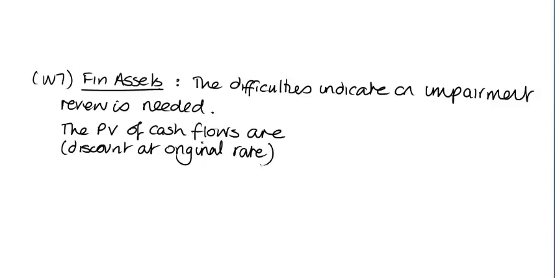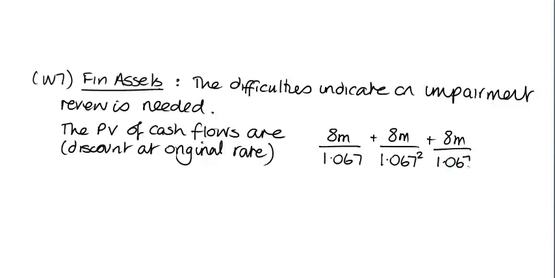Okay, so the present value of the cash flows, what are they going to be? We expect to receive 8 million in 1 year's time, and we're discounting at 6.7%, 8 million in 2 years' time, so 6.7% twice, and 8 million in 3 years' time, so discount by 6.7% 3 times.